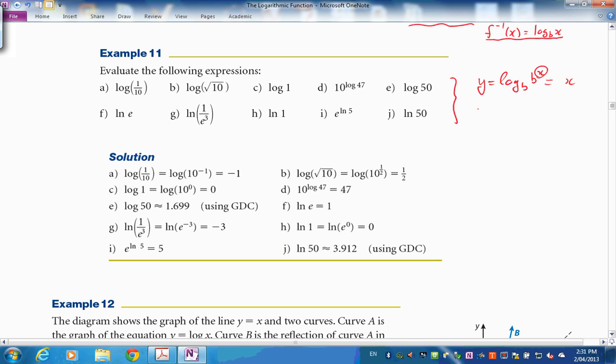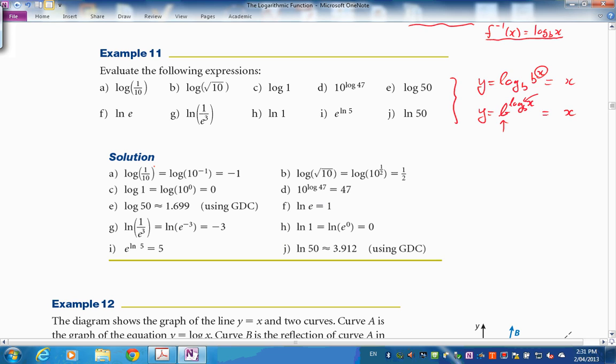Also, if we raise the base, let's say b, to the log to the base b of x, we will get x. So here we're raising b to the power b needed to get x, it'll be x. So they're our definitions. Let's go through now.